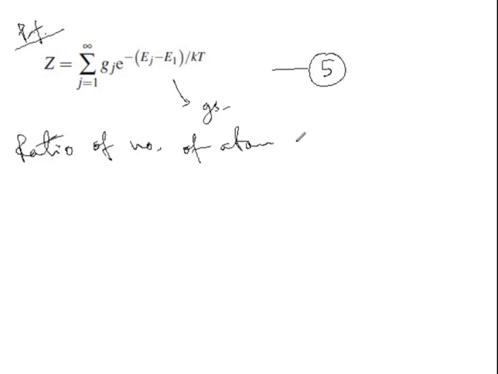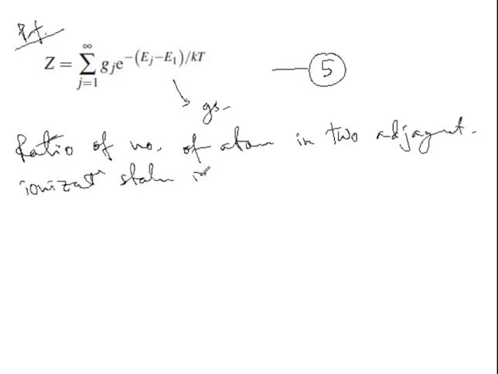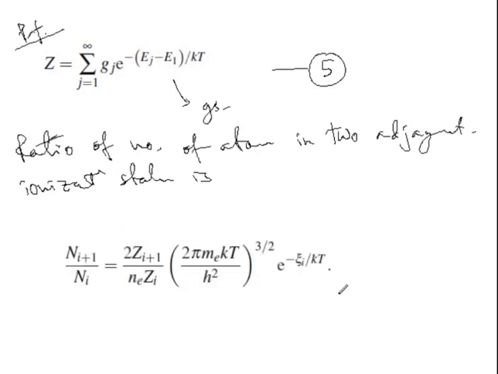Now, the ratio of the number of atoms in two adjacent ionization states is given by this equation here, and this is our Saha equation 6.